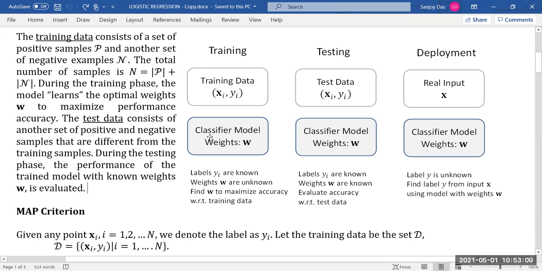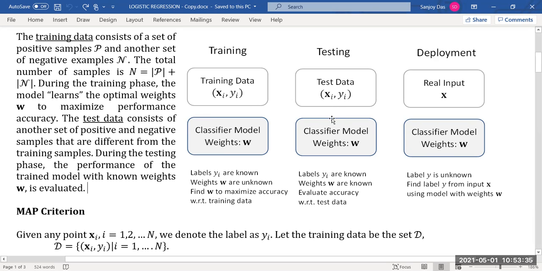If we had a different model for each of these, which one would we put into use during actual deployment? So we have just one machine learning model, and given any xi, we train it so that it gives the right yi from the training samples, which is known.